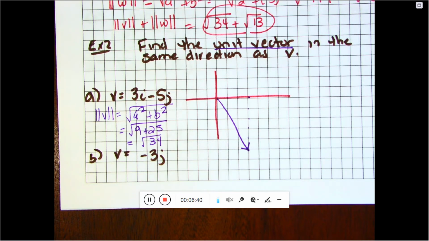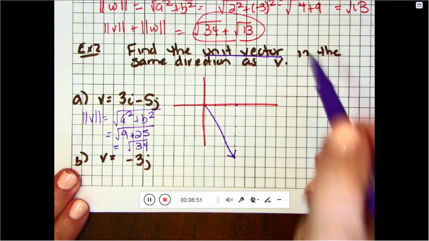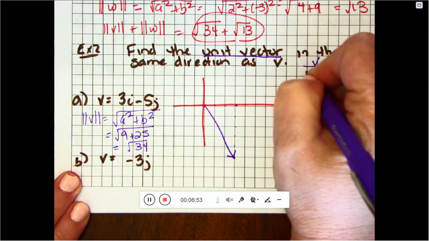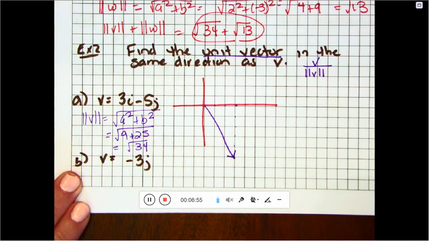If I had a vector that was 10 miles long and I divided it by its length, 10 miles, it would be 1 mile long. So the unit vector is the vector divided by its magnitude.